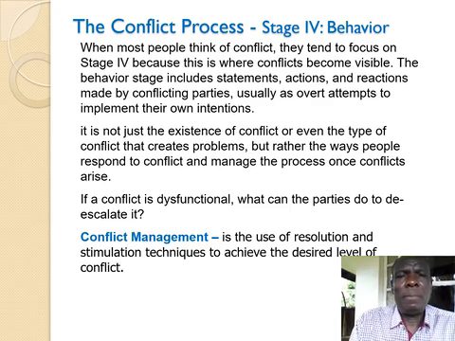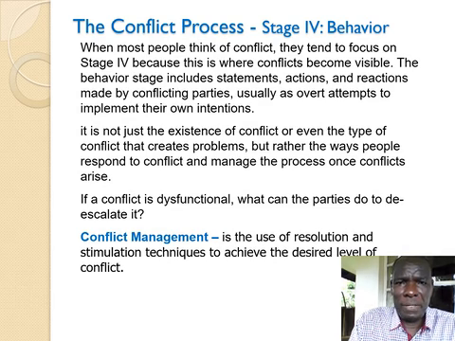So the conflict process now moves on to the fourth stage, and that is the behavior stage. When most people think of conflict, they tend to focus on stage 4 because this is where conflicts become visible.